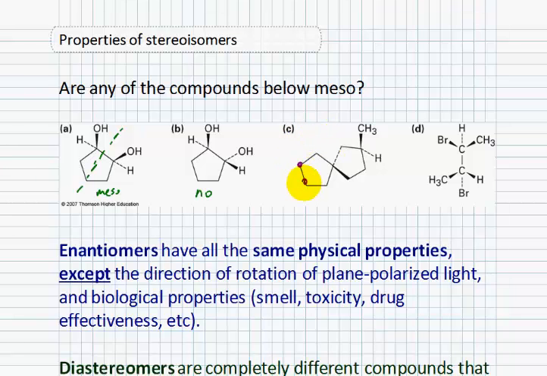So obviously the 5 on the flat ring are in the plane of the paper. And that one's forward, that one's back, but this one is in the plane of the paper. And because we had forward and back from there, the CH3 and the H are actually in the plane of the paper.